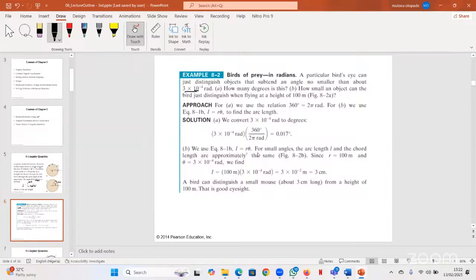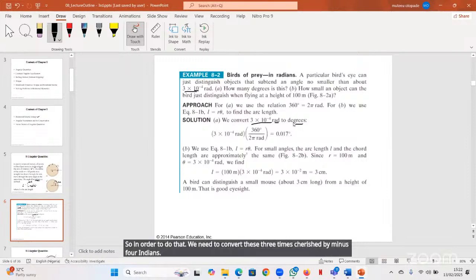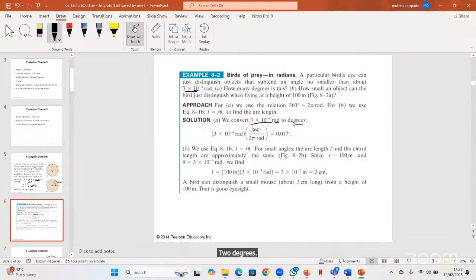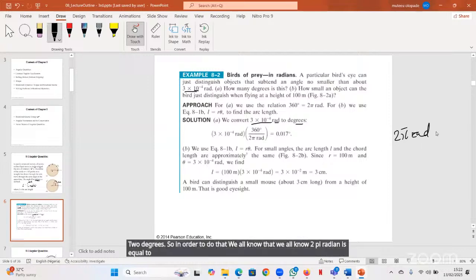In order to do that, we need to convert these 3 times 10 raised to the power minus 4 radians to degrees. We all know that 2 pi radians is equal to 360 degrees.